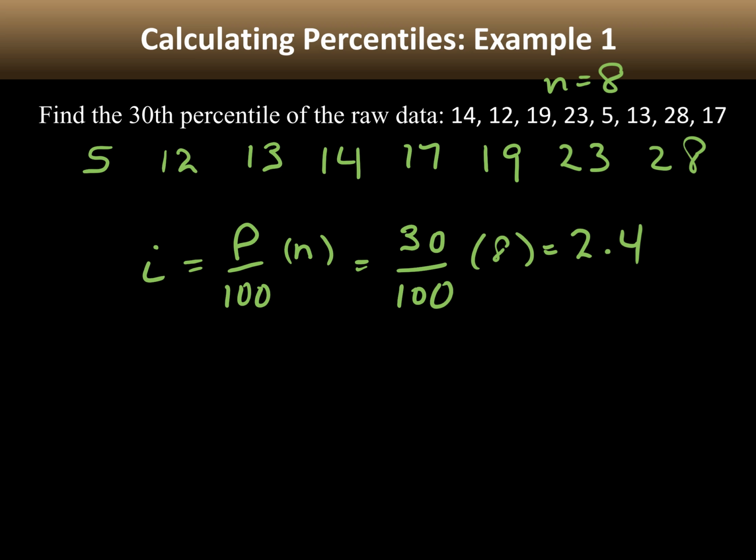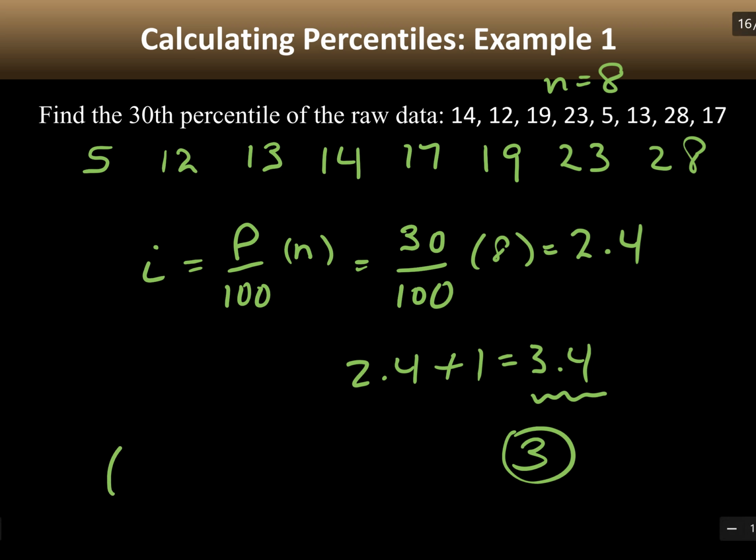So the location index I is not a whole number, so you go 2.4 plus 1 equals 3.4. We take the whole number part of this number, so the location would be 3 of the ordered array. So P sub 30, the 30th percentile, is the third value: 1, 2, 3. It would be right here, 13.